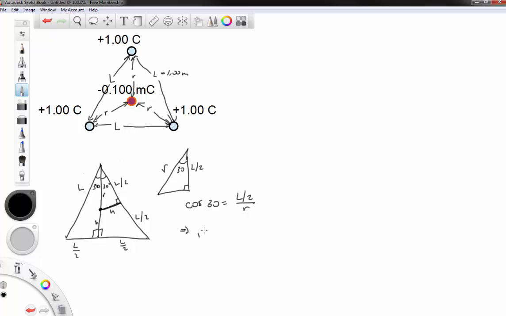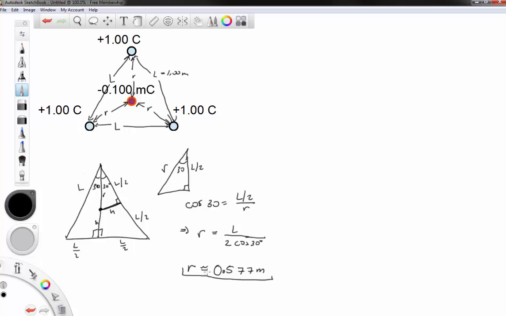So what all of this is telling us is that r should be equal to L divided by 2 times the cosine of 30 degrees, and that gets us a value of r approximately 0.577 meters. Okay, so that's the first piece of information that we need to solve this question.